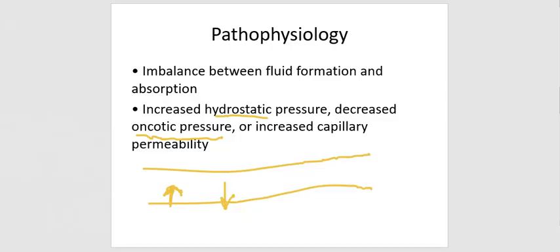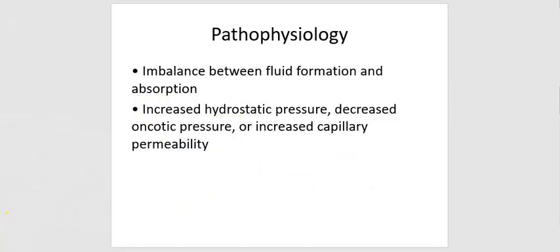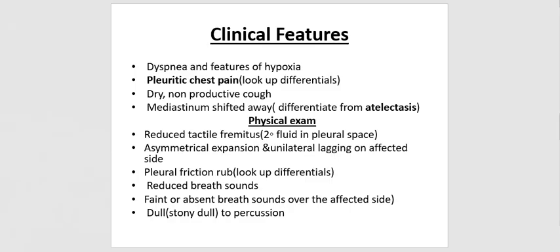Now, there are things that you're going to see in cases of pleural effusion, and that leads us to clinical features. So what are the clinical features of pleural effusion? You're going to see dyspnea and features of hypoxia. Now, most importantly, I want you to always bear this in mind: pleuritic chest pain.